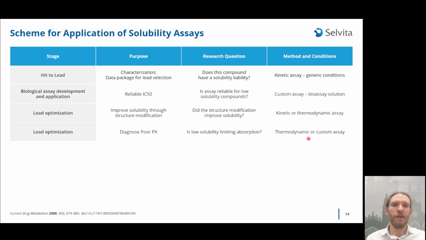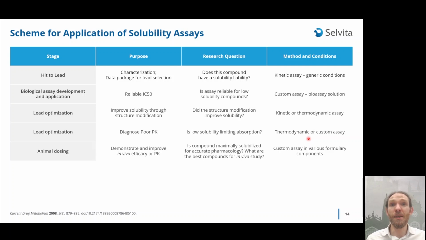Custom meaning using some simulated biological fluids, because this uses the solid form that is actually being dosed to the animals.